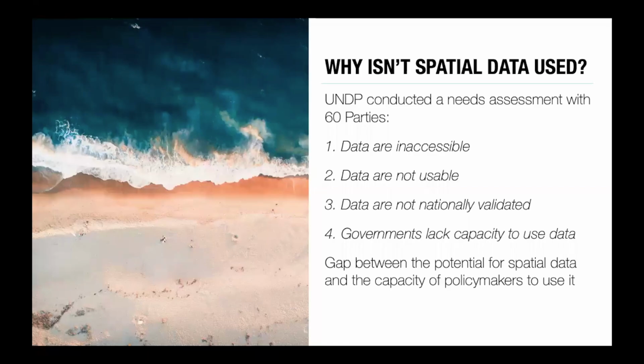We set out to answer this with the countries that we work with. So in 2018, we conducted a needs assessment with over 60 parties to the CBD, asking them why spatial data wasn't being used to implement and report on their commitments to the convention. And they came back with 4 very clear answers.